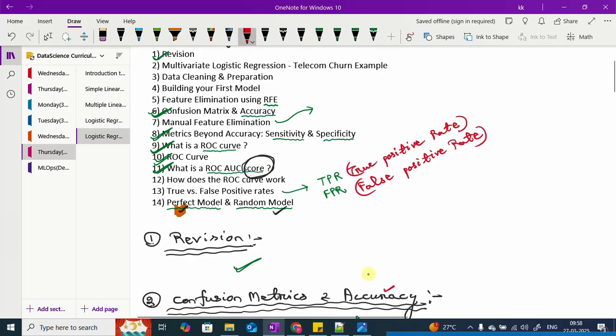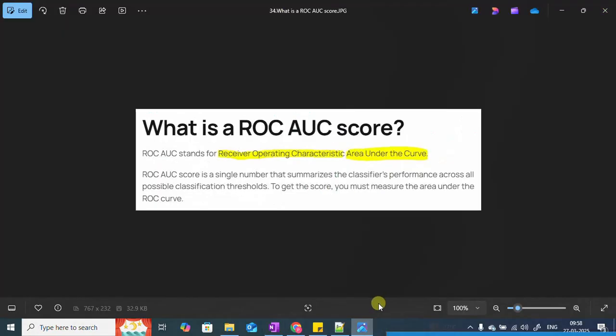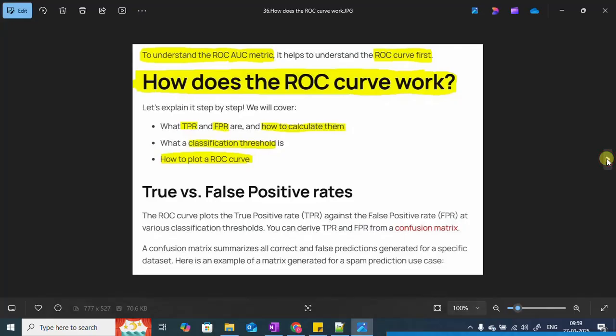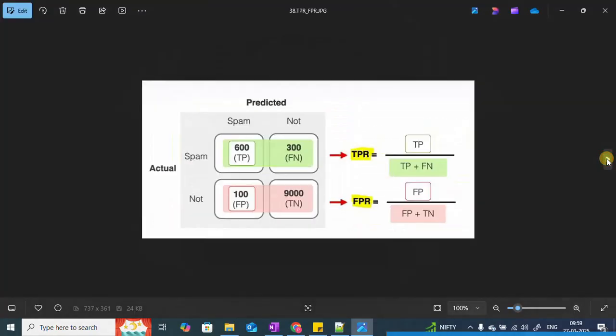Clear, guys? Any doubt so far? We'll explain how to do it, but let me represent first how I can represent the TPR and FPR in terms of the confusion matrix.